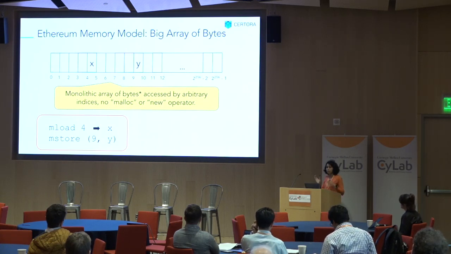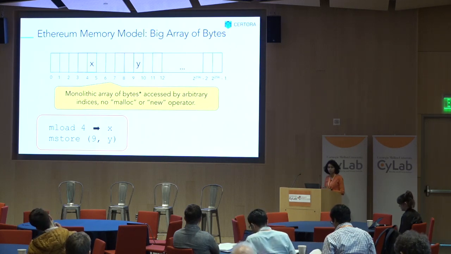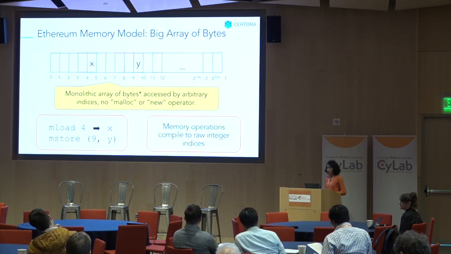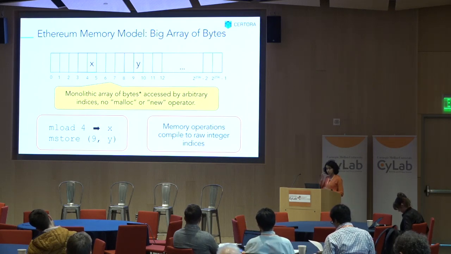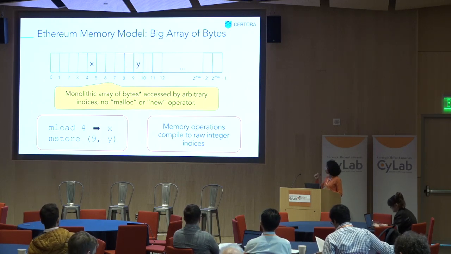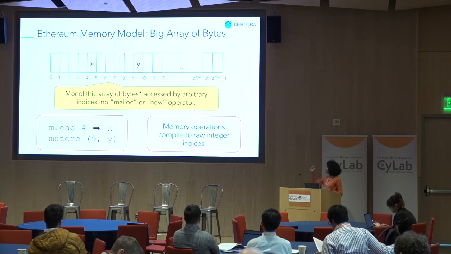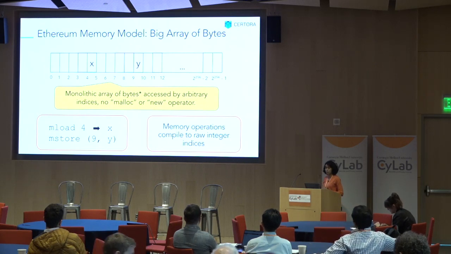You can only read in 32-byte chunks, it turns out, but for the purposes of this talk we don't need to understand that. What's really happening is that all these memory operations are just integers, so you can use arbitrary indices to access the different slots in memory.